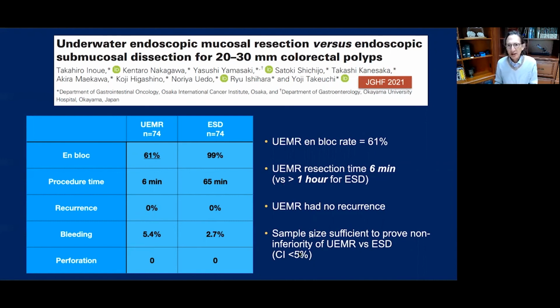Bleeding rates similar. They concluded that the sample size was sufficient to prove non-inferiority of UEMR versus ESD. So clearly, a randomized controlled trial comparing UEMR with ESD is warranted.